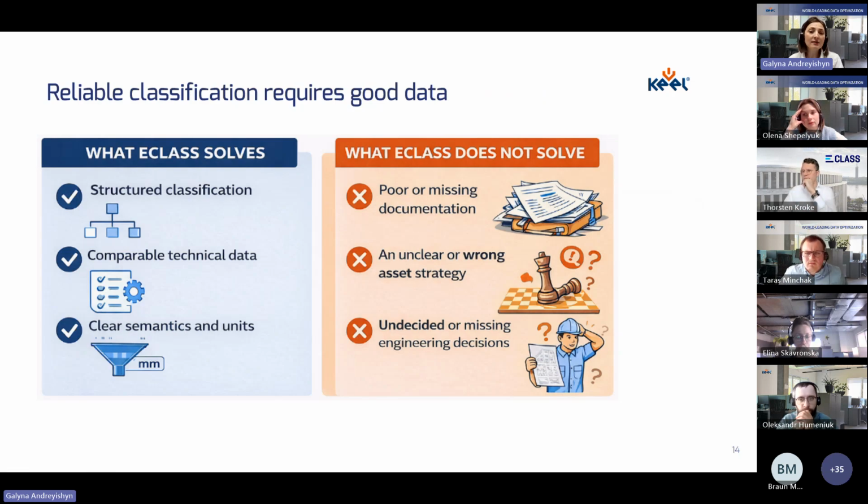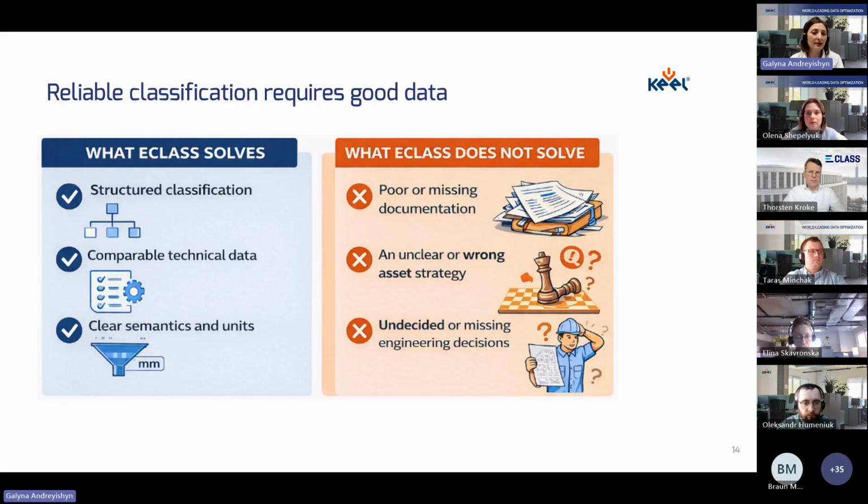Based on your answers, many of these challenges are very familiar. So from this point on, the slides reflect our practical experience from real projects where we have seen both successful implementations and common pitfalls. And that is exactly where we need to be realistic.